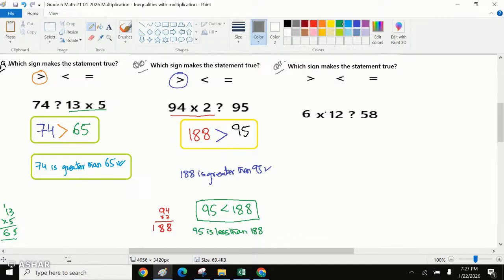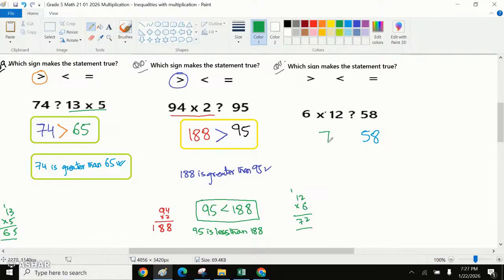We know that 6 multiplied by 12 is, Valerie, what is 6 multiplied by 12? Because on this side we had a 58. Can you give me the answer for 6 multiplied by 12, or 12 multiplied by 6? 12 multiplied by 6: 6 times 2 is 12, carry 1. 6 times 1 is 6, plus 1 is 7.